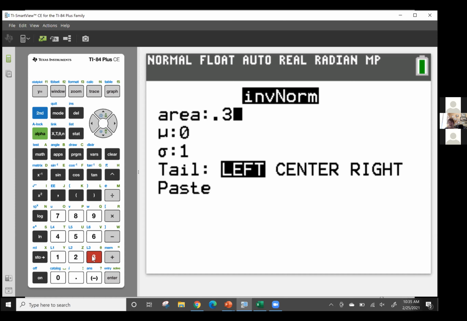It defaults to left, the area to the left of that value, which is what we're looking for anyway. It's a standard normal distribution, so the mean is 0 and the standard deviation is 1. Again, if your calculator doesn't have the tail there, that's okay, because it's finding the area to the left.